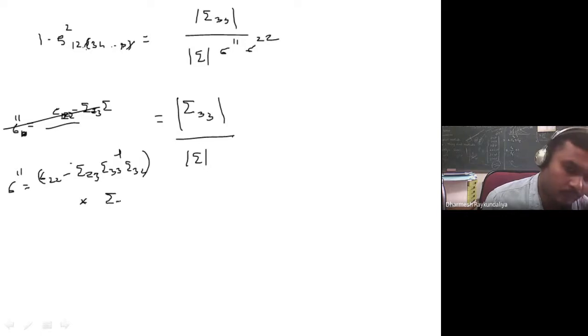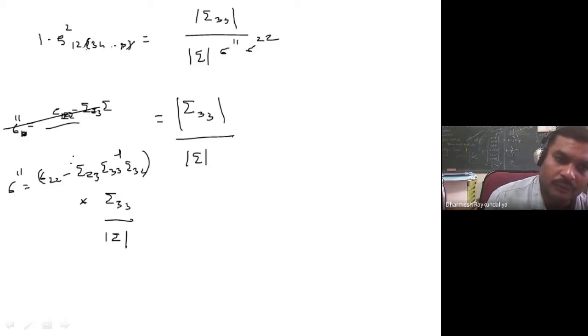It is sigma 3 3 अपॉन सिग्मा, ये आपके पास है सिग्मा 1 1 की जगह पे, एंड सिग्मा 2 2 की जगह पे आपके पास क्या है? तो वो पूरी क्वांटिटी है। तो व्हाट विल यू राइट?